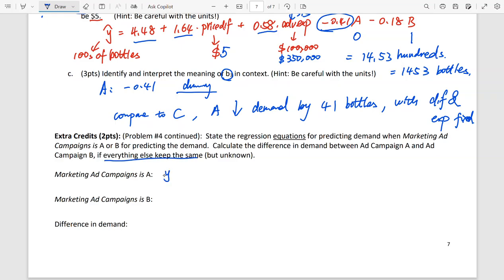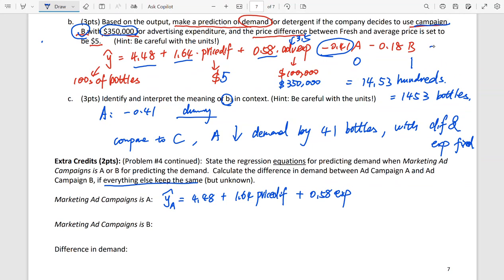So what is the equation for Y when you use campaign A? That's just 4.48 plus 1.64 times the price difference. Nothing has changed, plus the expenditure term. But in this case, when you use A, that means A will be 1, B will be 0, so you're just left with negative 0.41.